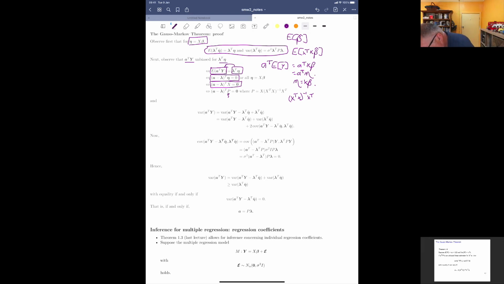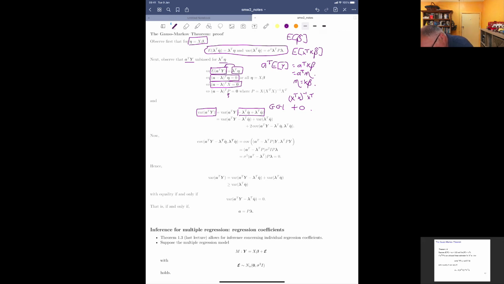So let's start by considering the variance of our new estimator. Now, we've just done Gary Glonek trick 1, we've added 0. How have I added 0? I've taken off lambda transpose eta hat plus lambda transpose eta hat.